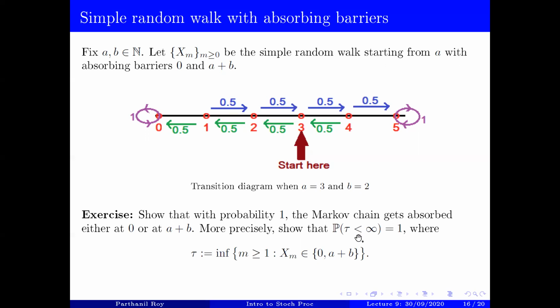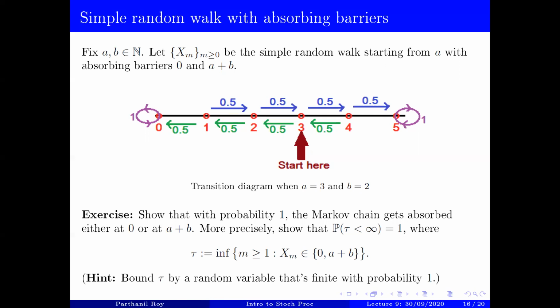So show that this random variable tau that we define, which is an integer valued random variable of course, is finite with probability 1. And this has nothing to do with Markov chain theory. It's just an exercise that can be done from your knowledge of probability theory 1, actually.